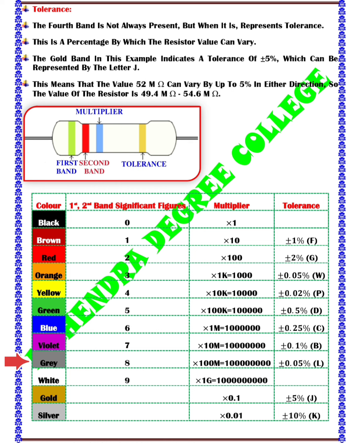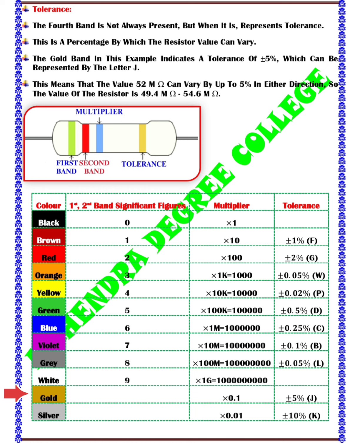The gray color band: first and second significant figures 8, multiplier 100 million and tolerance value plus or minus 0.05%, L. The white color band: first and second significant figures 9, multiplier 1 billion.